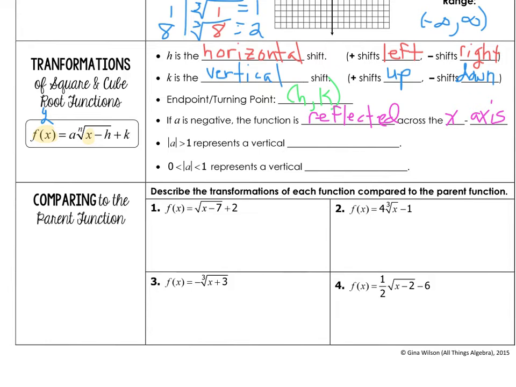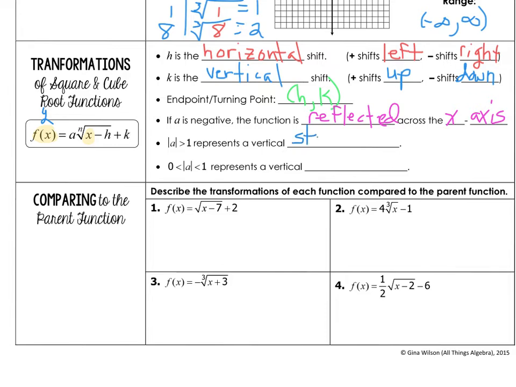All right, then the other thing that you have to look at with A right here is it creates a vertical stretch or a shrink. We're looking at the absolute value of A, not whether it's positive or negative, so you have to consider the absolute value of A. If A is a number greater than 1, like 1.1, 1.2, 2, 3, 4, 5, 6, you will have a vertical stretch.